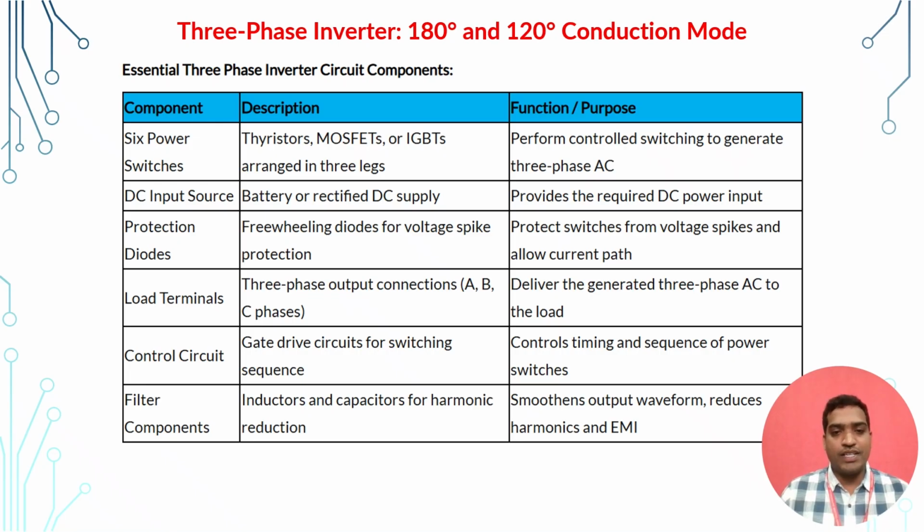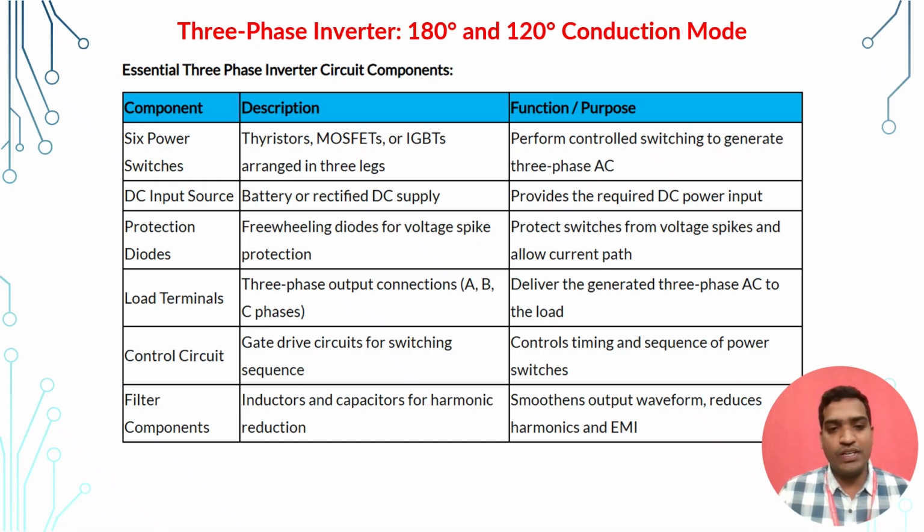These diodes are used to deliver the three-phase AC to the load when the load is inductive. When the load is inductive, the main issue is that it can produce spikes. To protect the switches from the voltage spikes and to allow a current path in reverse mode, that is from load to source, freewheeling diodes are generally used.